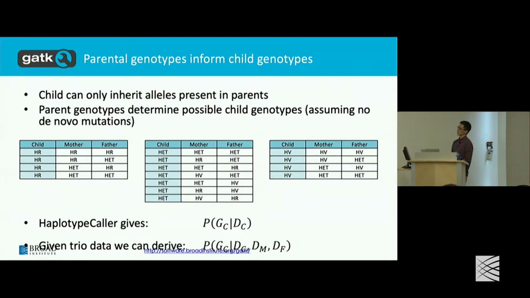For instance, if your mother and your father are both homozygous reference, and the child is heterozygous for this variant, that alternate allele didn't come from his or her parents, so it must have been what's called a de novo mutation, and that's very unlikely. So we can leverage that information to improve the genotype qualities too.